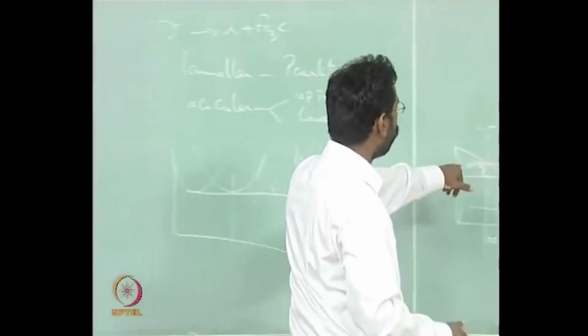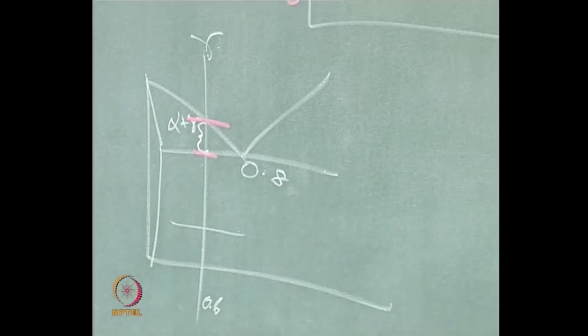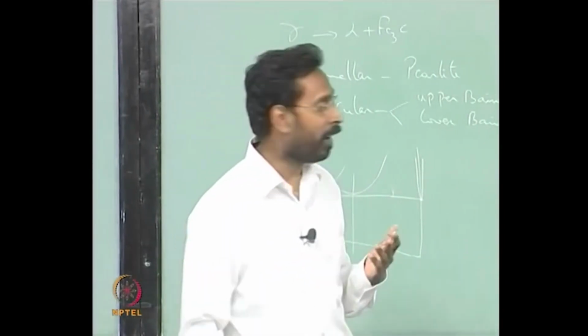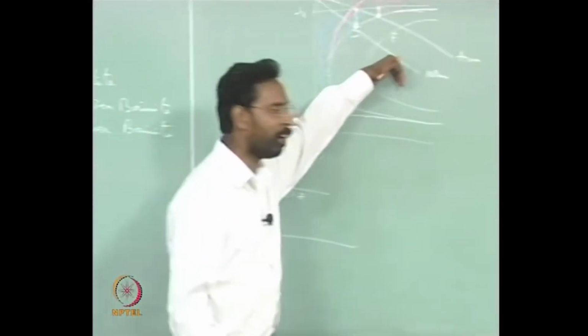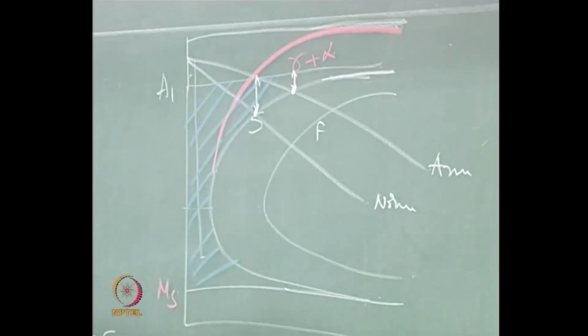So, when you are cooling it faster, the amount of proeutectoid ferrite, or if you are on the other side proeutectoid cementite, that comes out will be smaller. In fact, if you keep on cooling it faster and faster, you would even see a situation where you may not get the alpha at all.